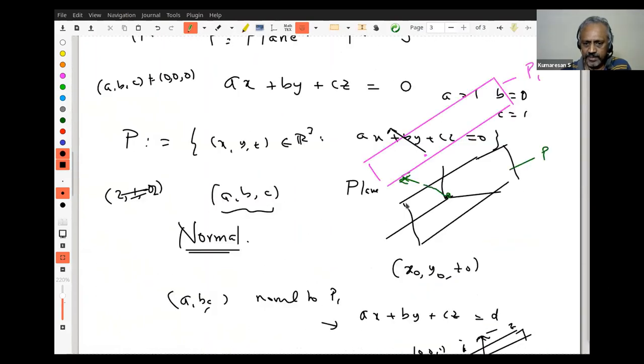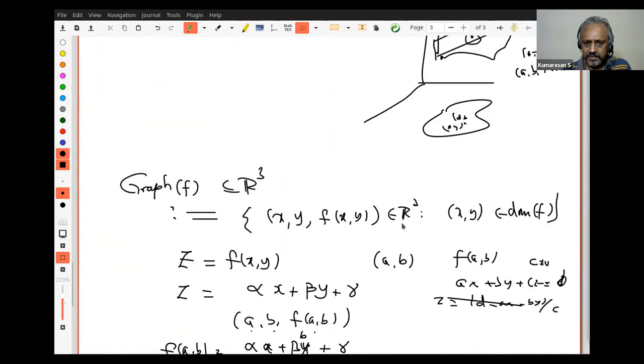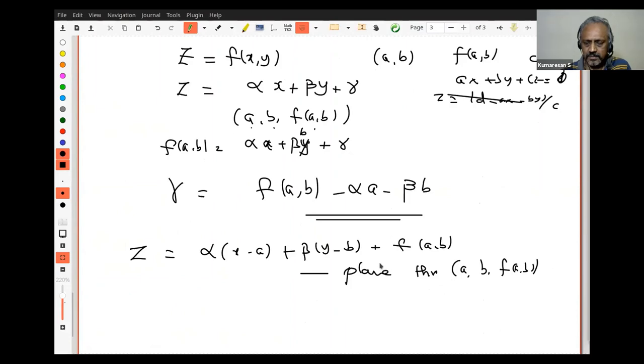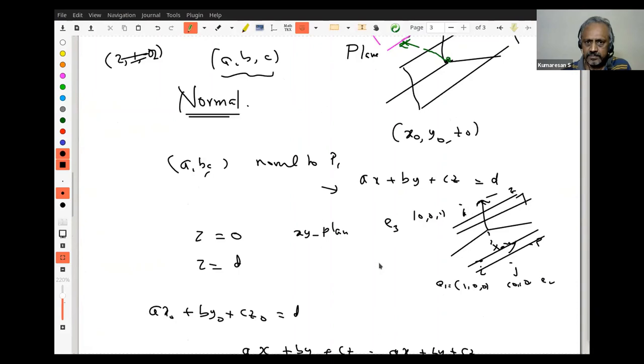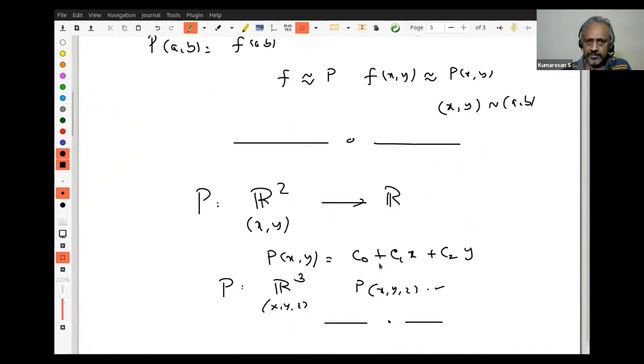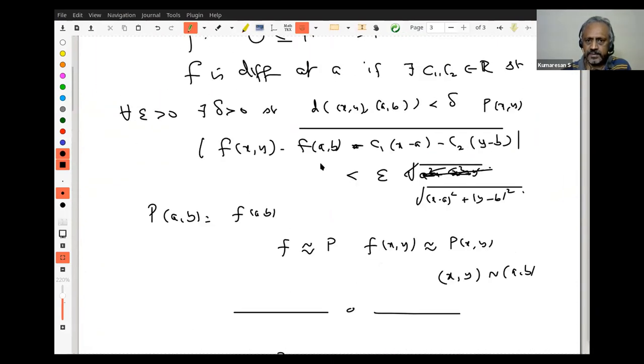That's the equation of the plane. How many of you understand? Okay. The plane is z = f(a, b) + α(x − a) + β(y − b). Therefore, my negative, minus of that. Therefore, it is a problem.